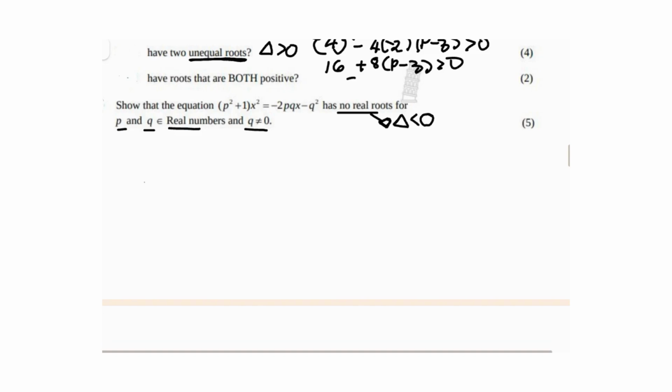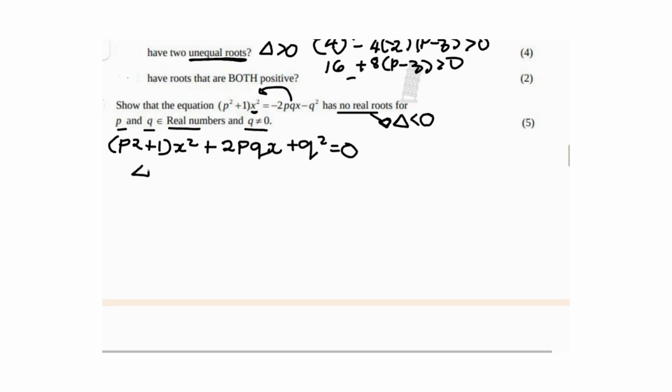So I'm going to rearrange that equation to be in standard form. Already I can see I have x squared there, meaning our p squared plus 1 represents our a. I'm going to move the right side to the left. It jumps the equal sign, becomes positive 2pqx, and q squared also becomes positive, equals 0.